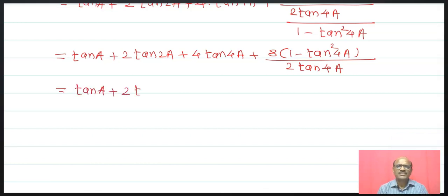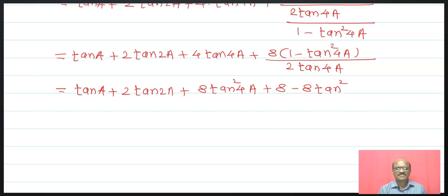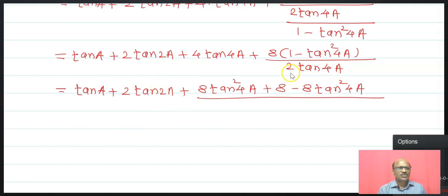Tan A plus 2 times tan of 2A plus 4 times. Now see this here. The steps are like this. Multiplied here. See how these steps have been done. That is 2 tan 4A into 4 tan of 4A.